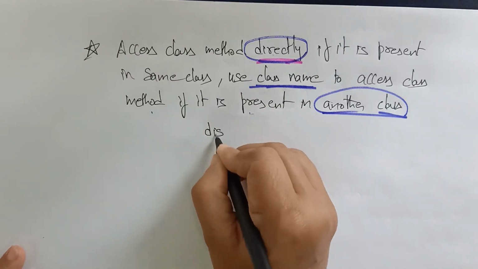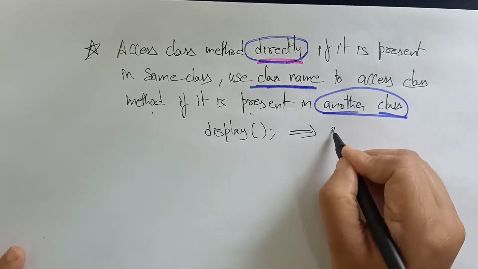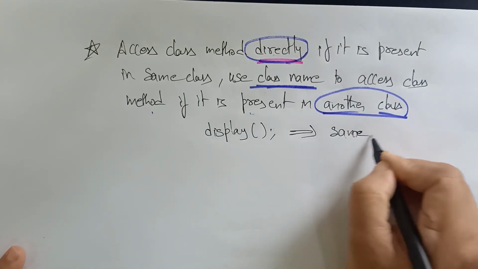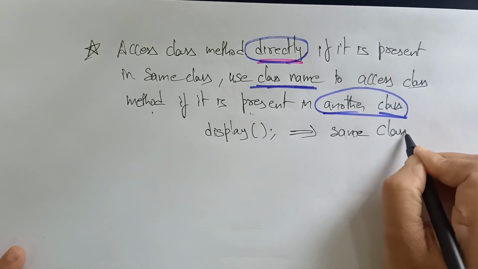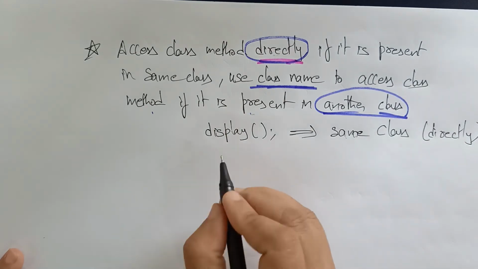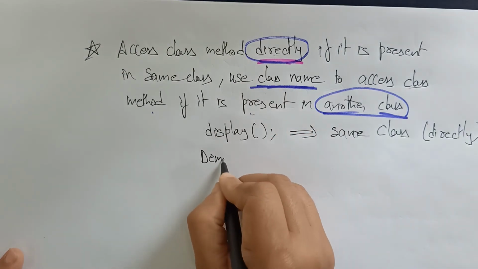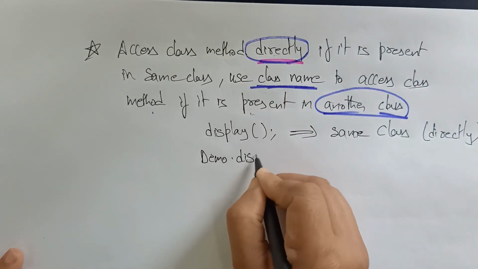So here, display: if it is present in the same class, no need to mention anything, so you can directly call. Suppose the method is present in another class, like demo.sample, Demo.display.